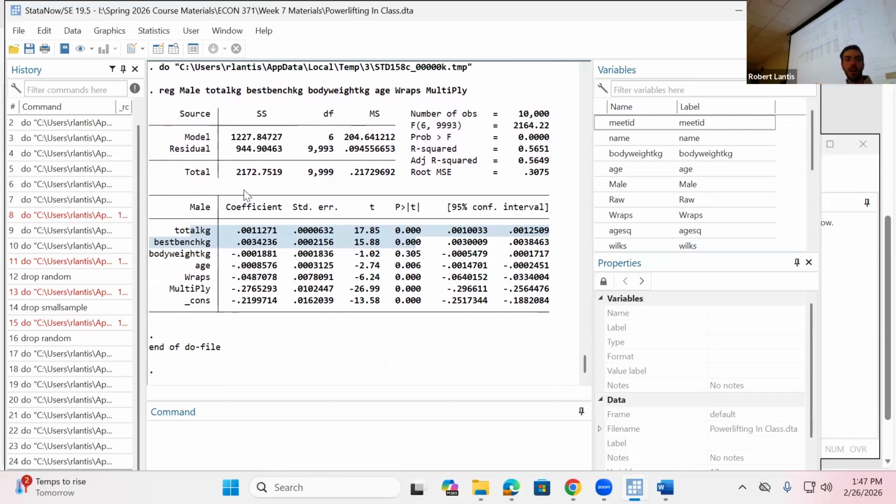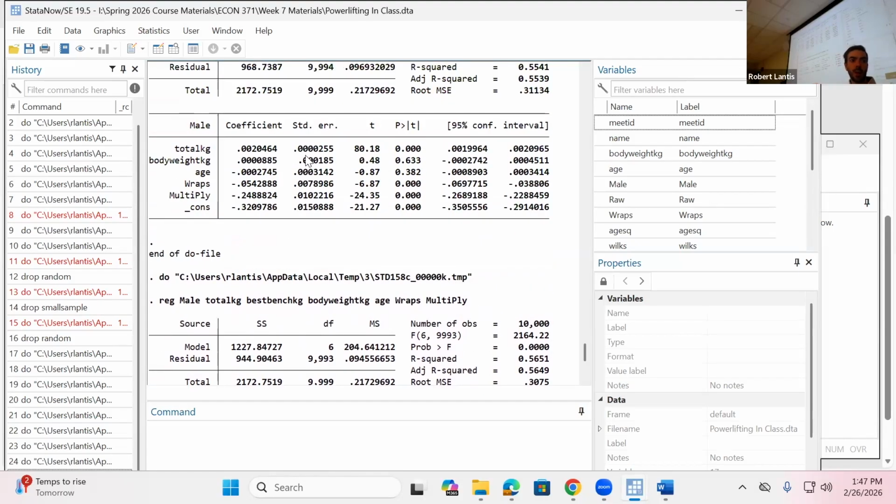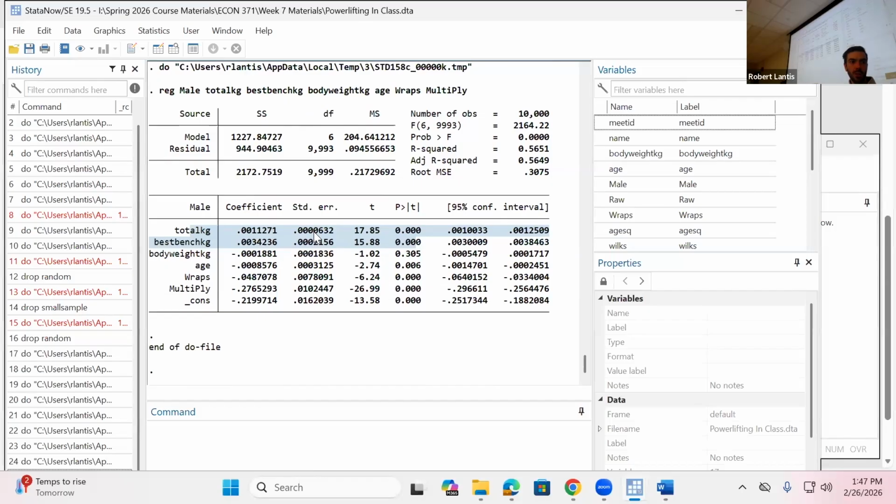What caused that is our standard errors, instead of being 0.00002, are now 0.00006. So it increased them by 3 times, right? They're small values, so it doesn't look like much, but they're now 3 times as large. So if instead I had a standard error before of like 0.5, that would be like giving me a new standard error of 1.5. So when I run this regression with imperfect multicollinearity, one of these estimates is going to be wildly off.